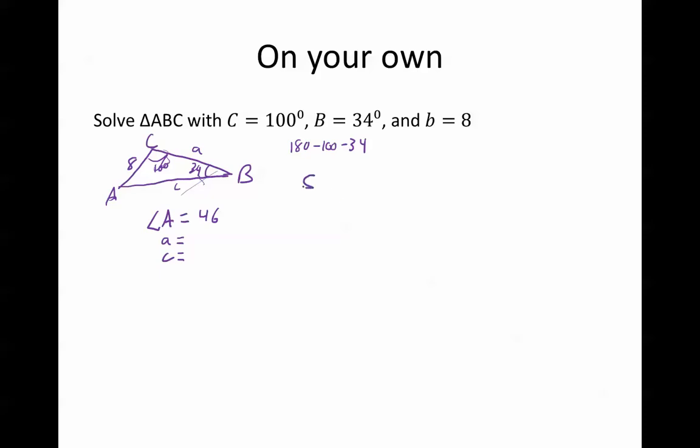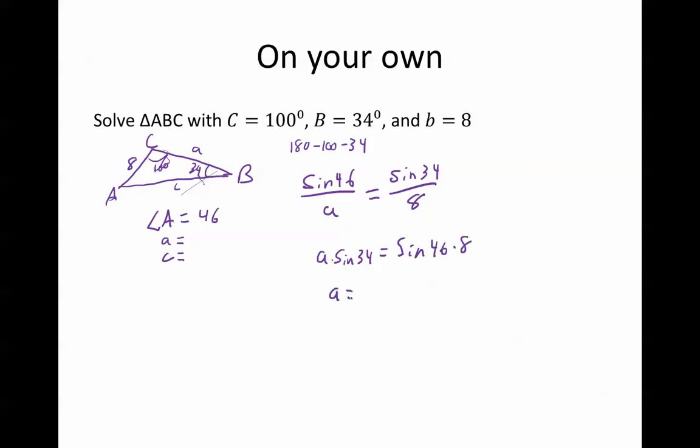So I have sine of 46, that's my angle A, over A. And B is the one that I have both angle and side, so that's going to be sine of 34 over 8. And so A then times sine 34 equals sine 46 times 8.